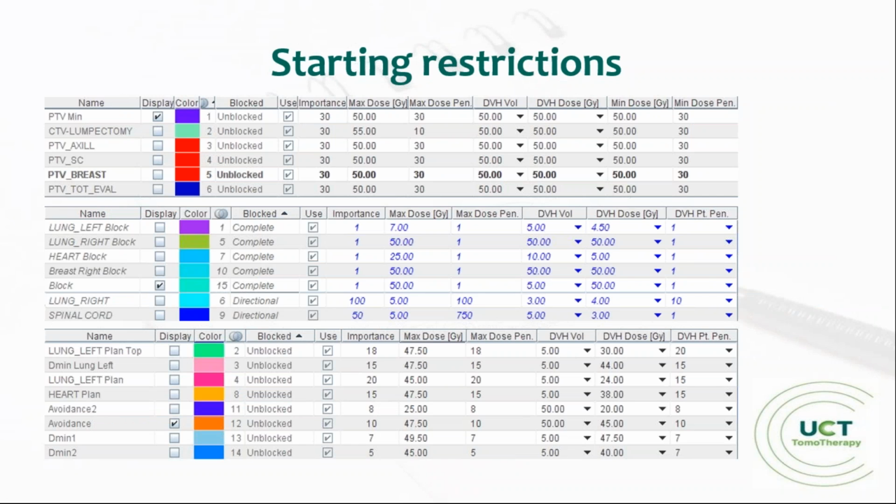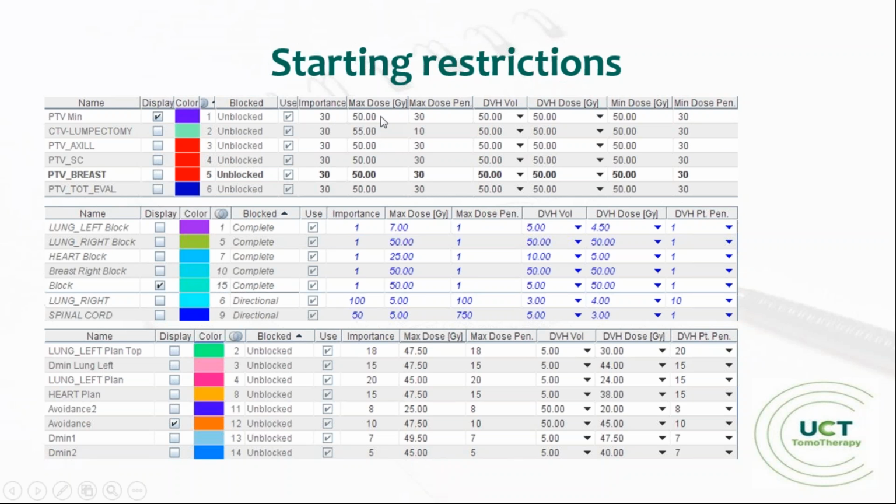What can I say about them? For my PTVs, for my targets, usually I set importance 40, max dose importance 30, max dose penalty 30, and min dose penalty also 30.